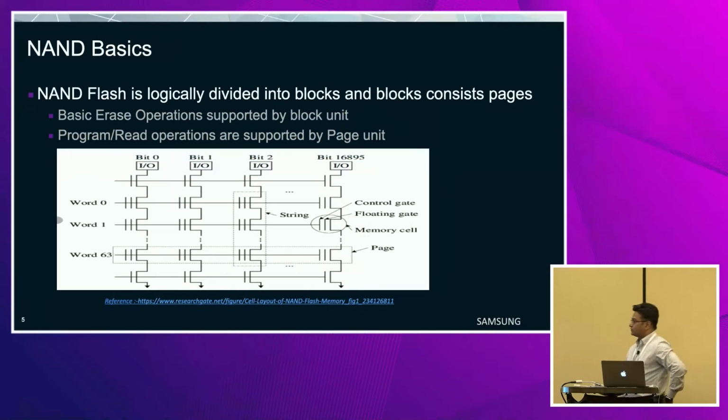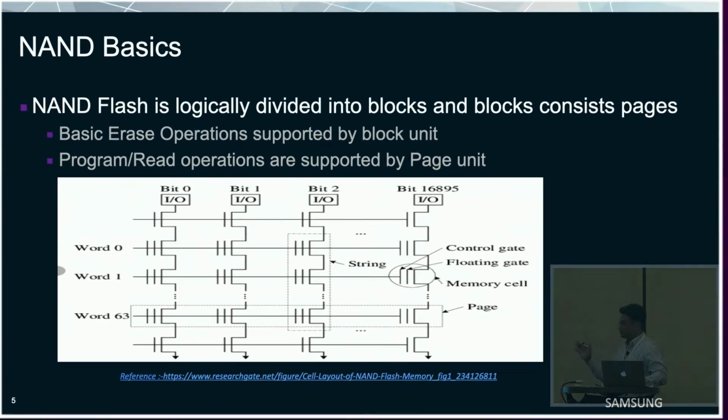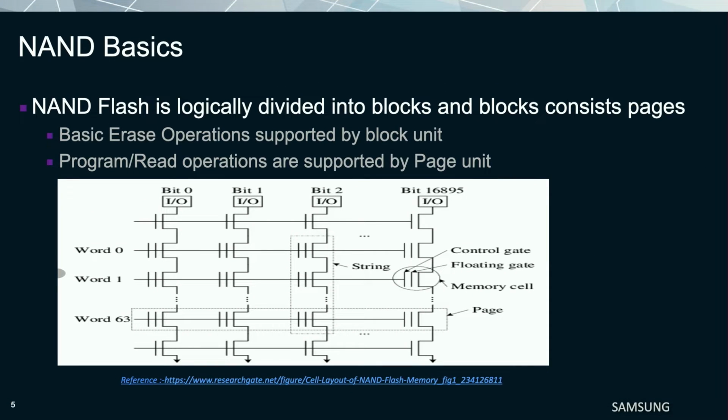Coming to the NAND basics, NAND has some intrinsic properties. Any erase operation always happens in block units. NAND is divided into chip, die, plane, block, and pages, to make it more interleaved and parallel. The basic erase operation is supported by block units, while program and read are supported by the page unit.